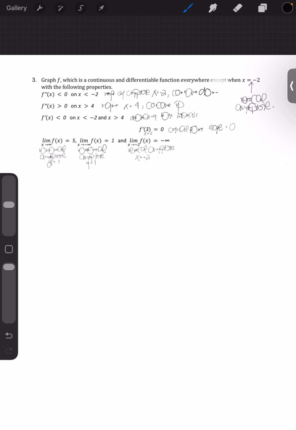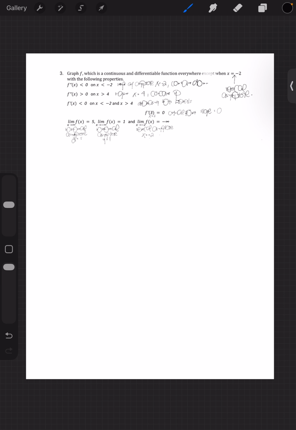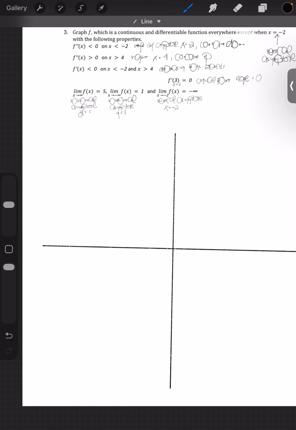So, let's see. Just gonna draw a graph like this. And we can give ourselves enough space here.